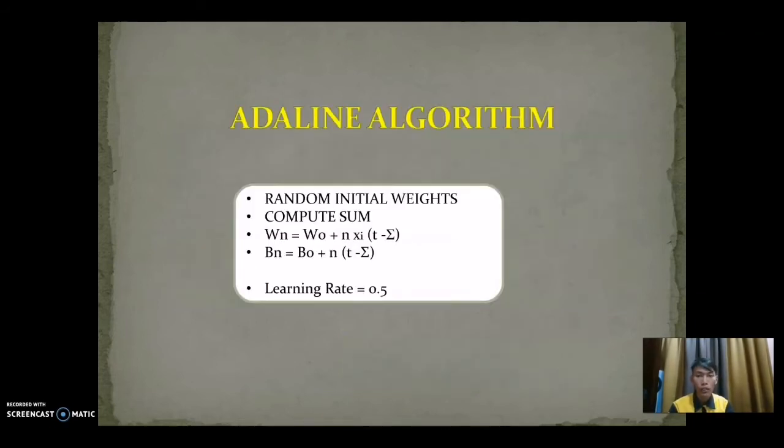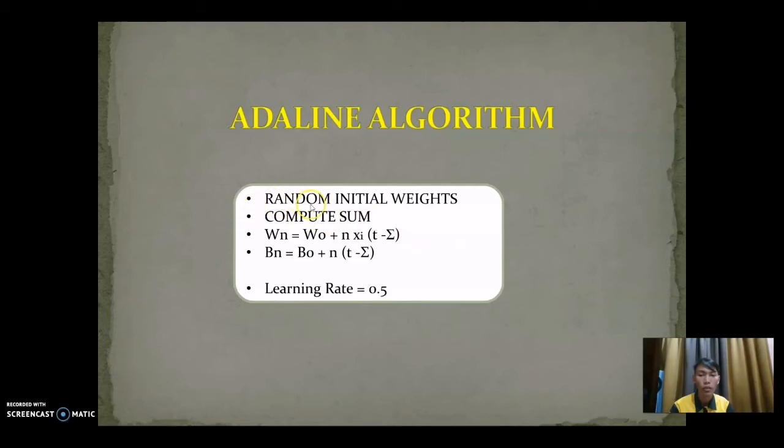So we move to the second algorithm technique, which is the Adeline algorithm. To find the answer for the Adeline algorithm, there are four steps.